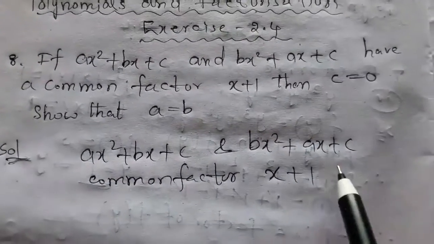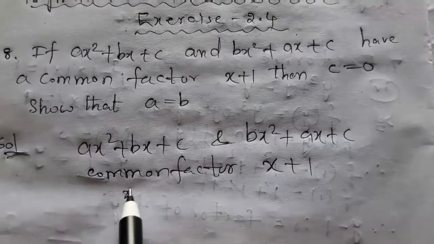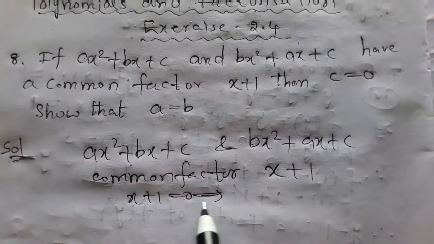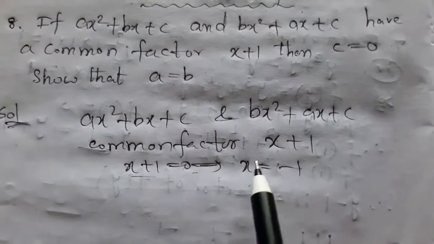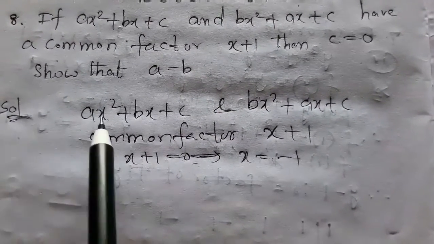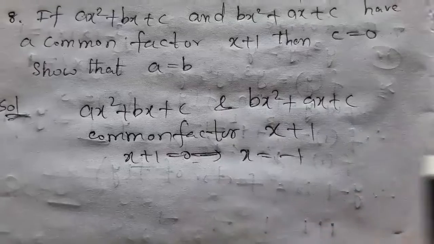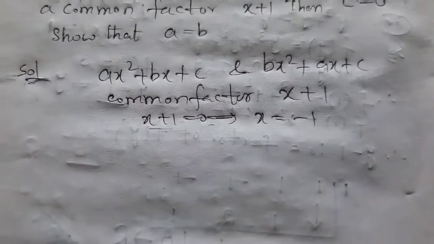Equating x plus 1 equals to 0, now send this one that side, then x is equals to minus 1. So by using this minus 1 we can find the values of these two polynomials by using which division? Synthetic division.